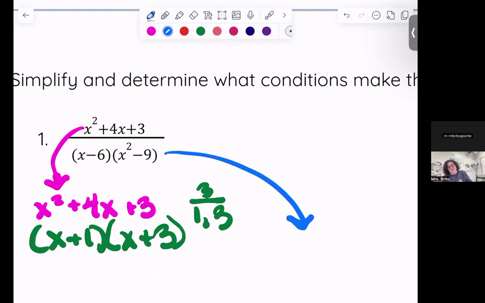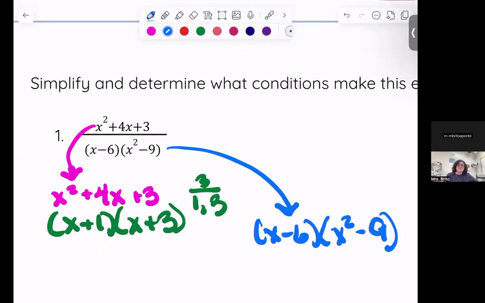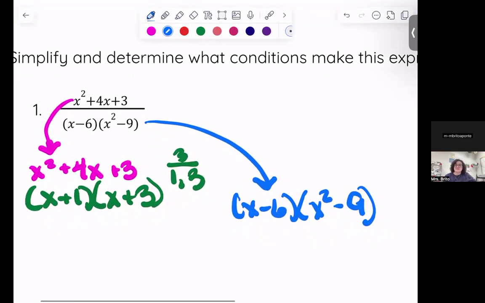Then I can take a look at my denominator. That's x minus 6 and x squared minus 9. There's nothing I can do with that x minus 6. It's already pretty simplified. There's no exponents or anything. There's no GCF between x and 6. I'm going to just leave it alone. But there's something special about that x squared minus 9. Did it come to your head? Difference of two squares, right?